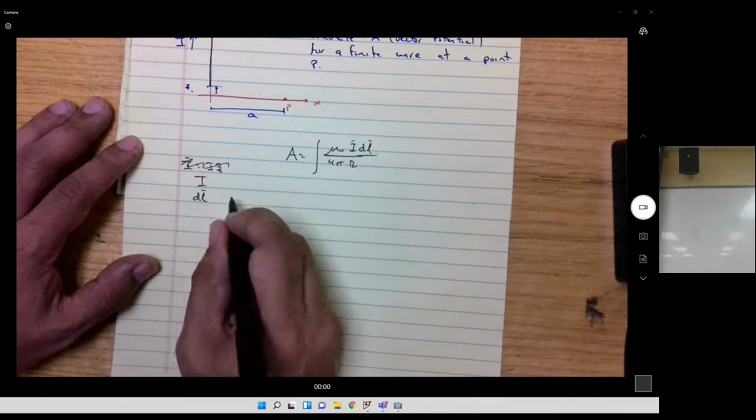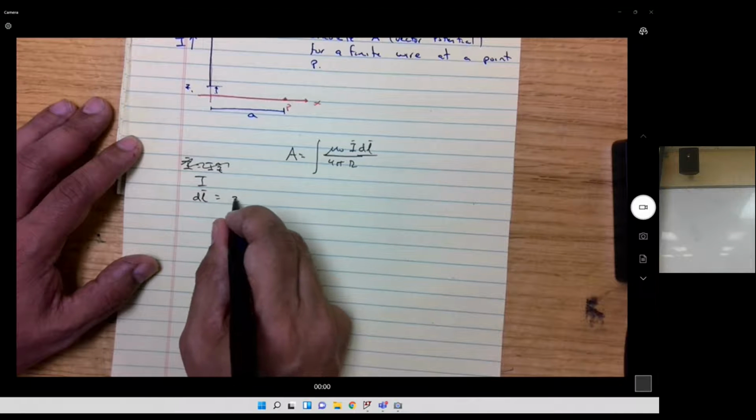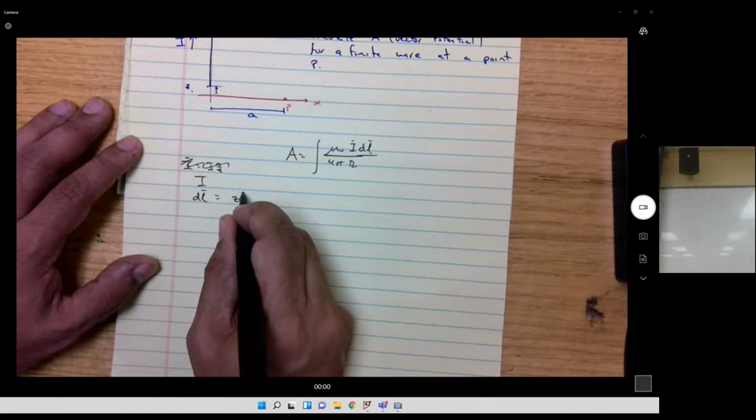The line differential dl is going to be z dz.